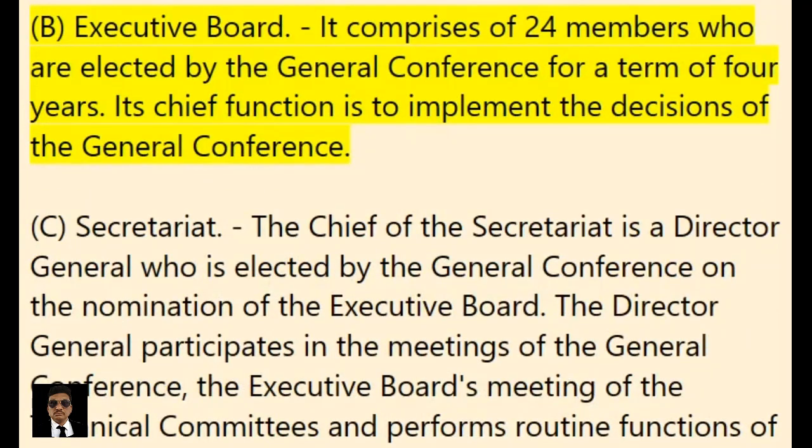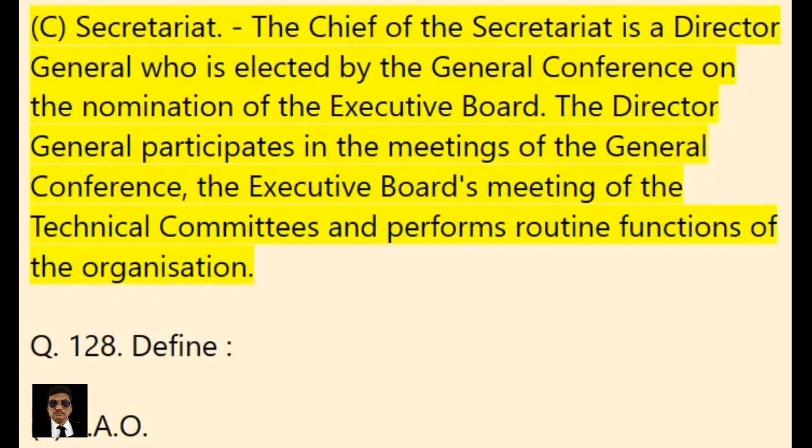B. Executive Board. It comprises 24 members who are elected by the General Conference for a term of 4 years. Its chief function is to implement the decisions of the General Conference. C. Secretariat.